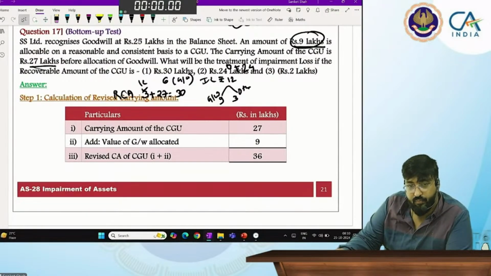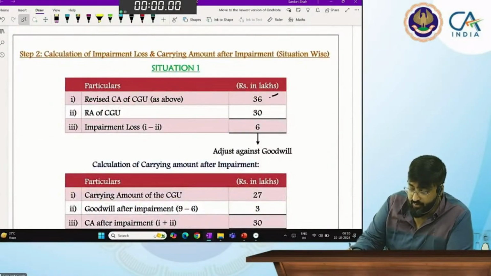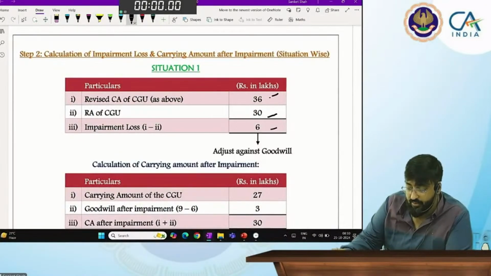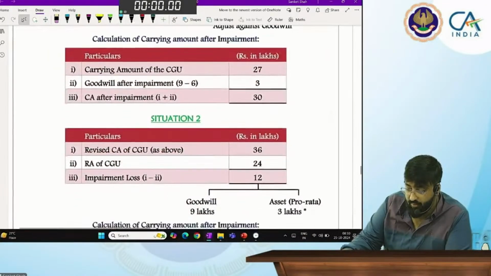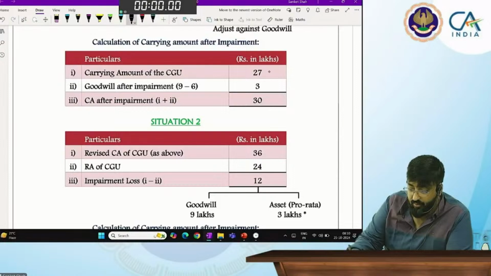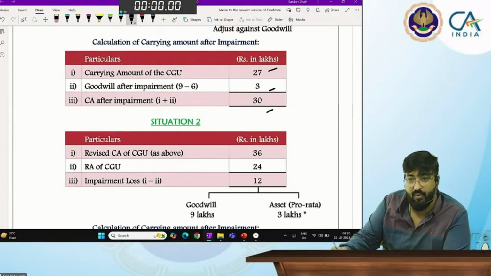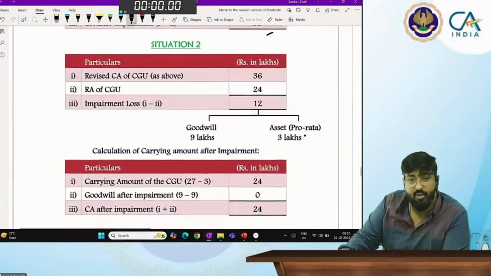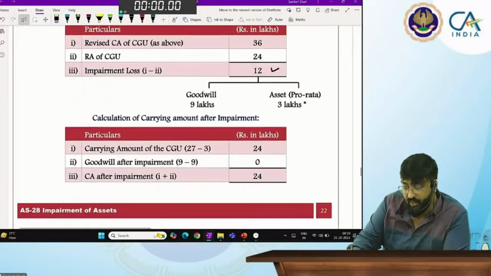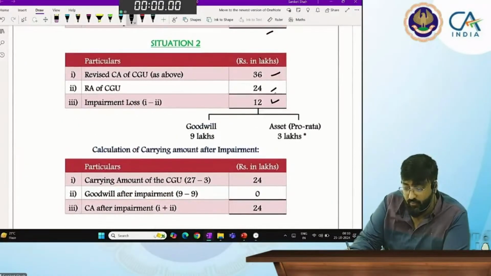Sir, thank you sir. 27, 9 and 36. 36 and recoverable amount is 30. Then 6 is adjusted against goodwill. Then carrying amount is 27 only and goodwill becomes 3, so 30 will be the answer. In situation 2, 36 is the carrying amount already calculated, 24, 12.